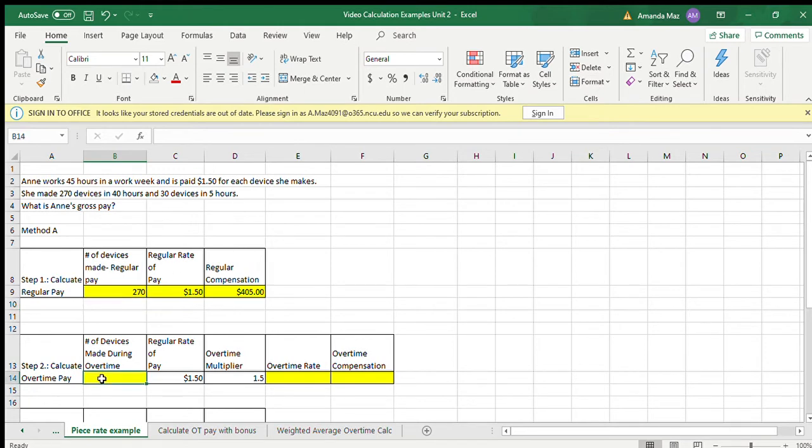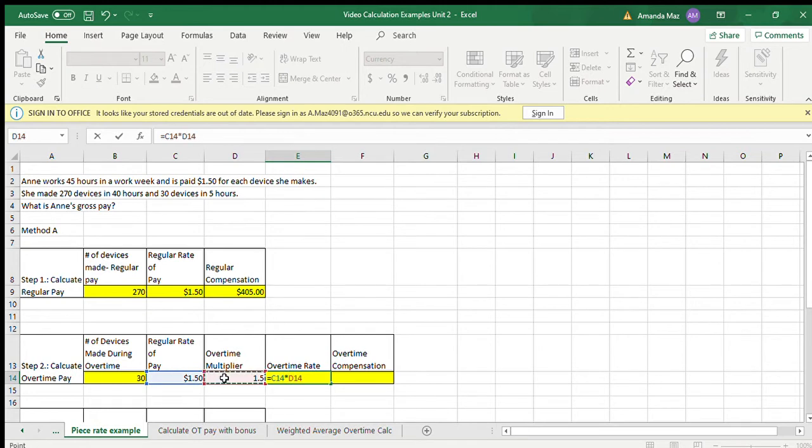So the number of devices she made during her overtime, or her 5 hours of overtime, is 30 devices. And her regular rate of pay is already pre-populated here, because we already figured this out. And the overtime multiplier, which is 1.5. So her overtime rate would be her regular rate of pay multiplied by 1.5.